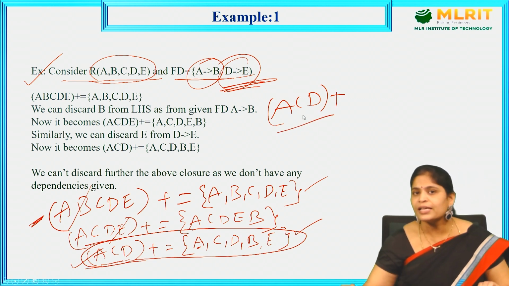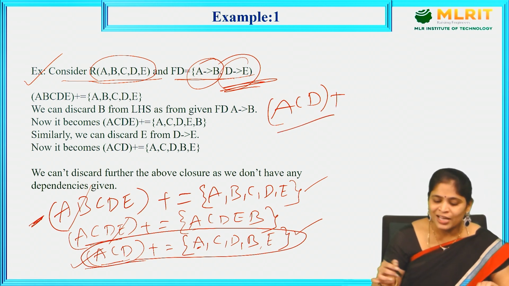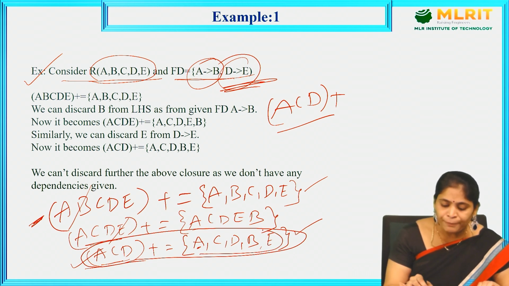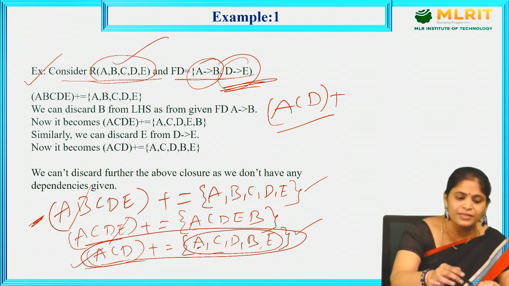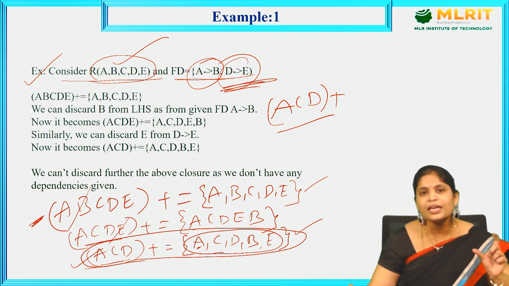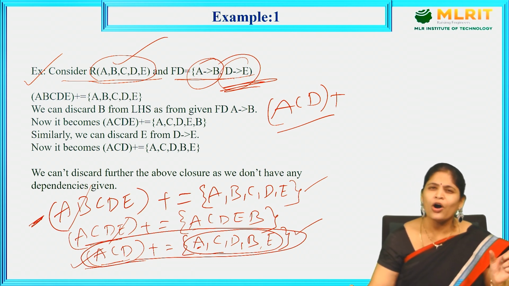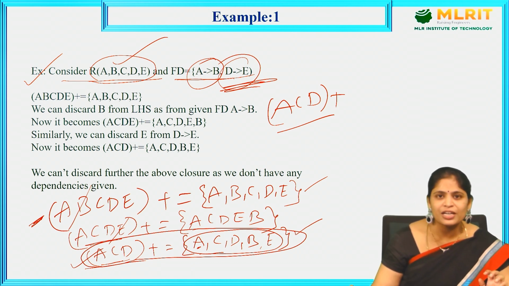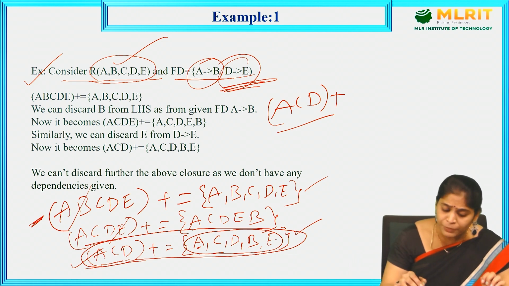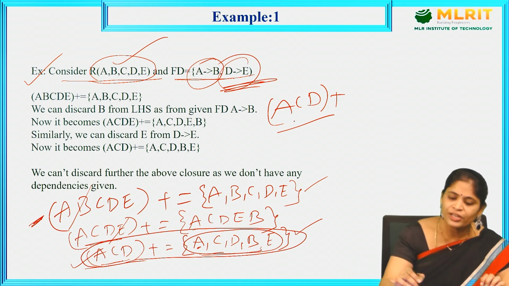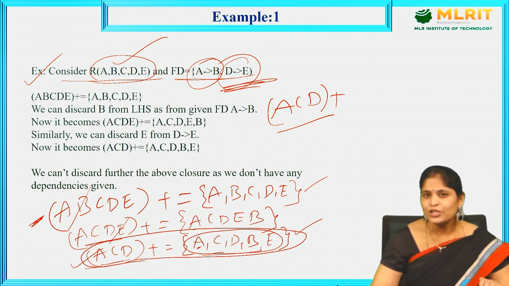Why am I calling it a super key? Because here we have obtained all the attributes represented in the relation. A super key is formed by considering all the attributes from a given relation schema. So here ACD is a super key.